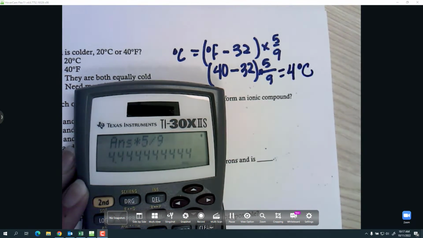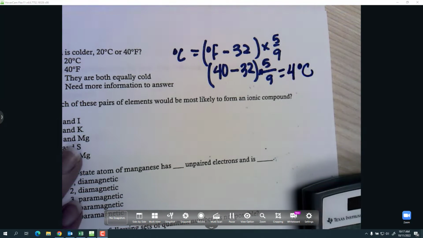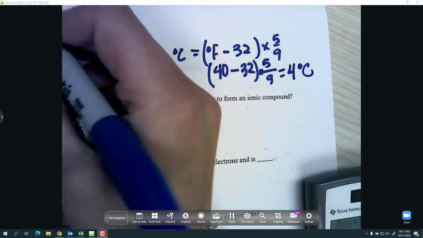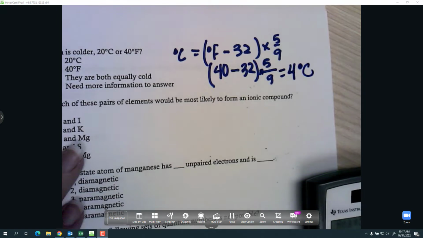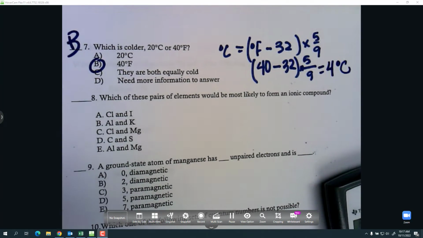And that would give me 4 degrees Celsius. So 4 degrees Celsius or 20 degrees Celsius, which is colder? It would be 4 degrees Celsius, which is 40 Fahrenheit.